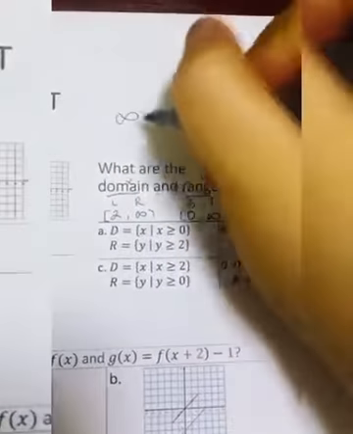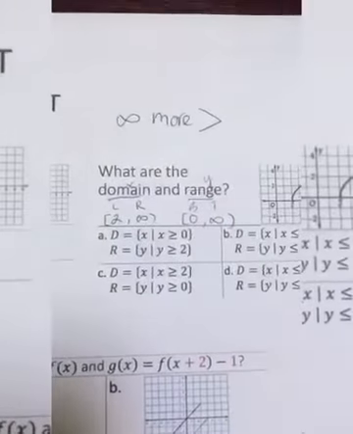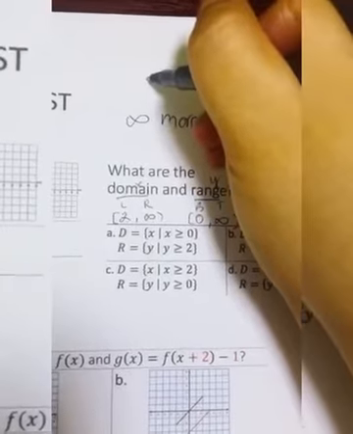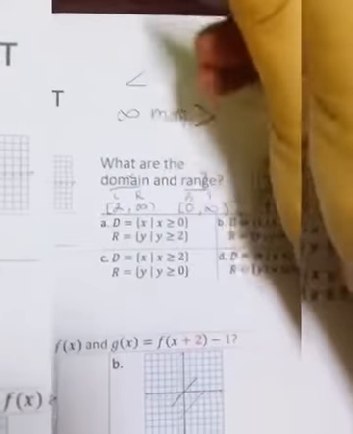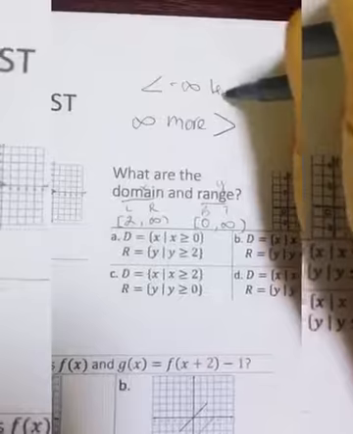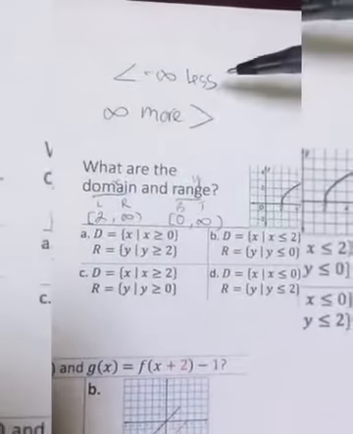0 to infinity. Remember that when we're talking about inequality, if we go to infinity, this has to be more, so we use the greater than sign. If we go from negative infinity, then we use less than.